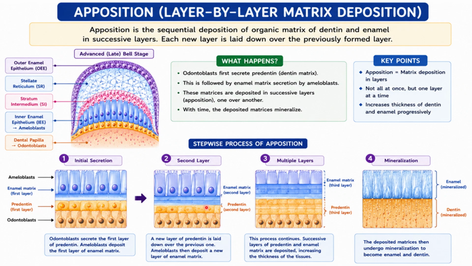Next, a new layer of pre-dentin is laid down over the previous one, and the ameloblasts deposit a new layer of enamel matrix. The same process continues, and we can see successive layers of pre-dentin and enamel matrix being deposited, which increases the thickness of the tissues. Lastly, the deposited matrices undergo mineralization to become enamel and dentin.